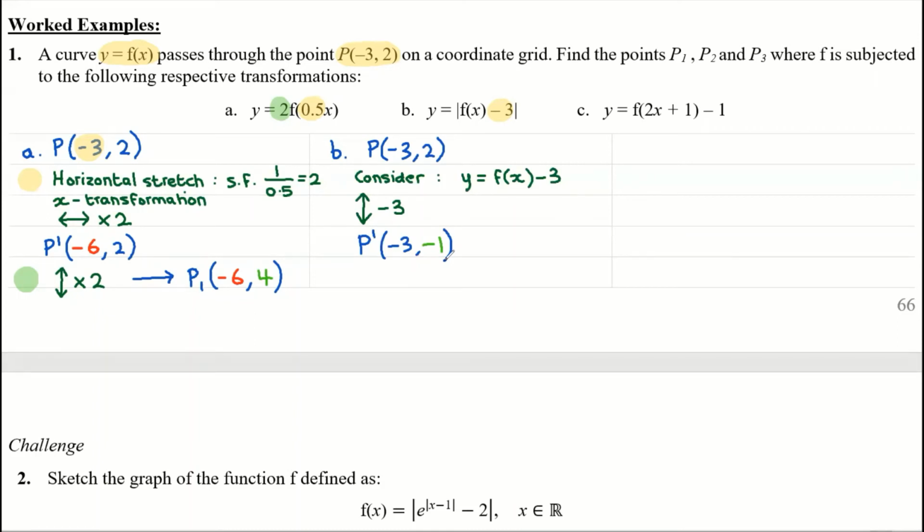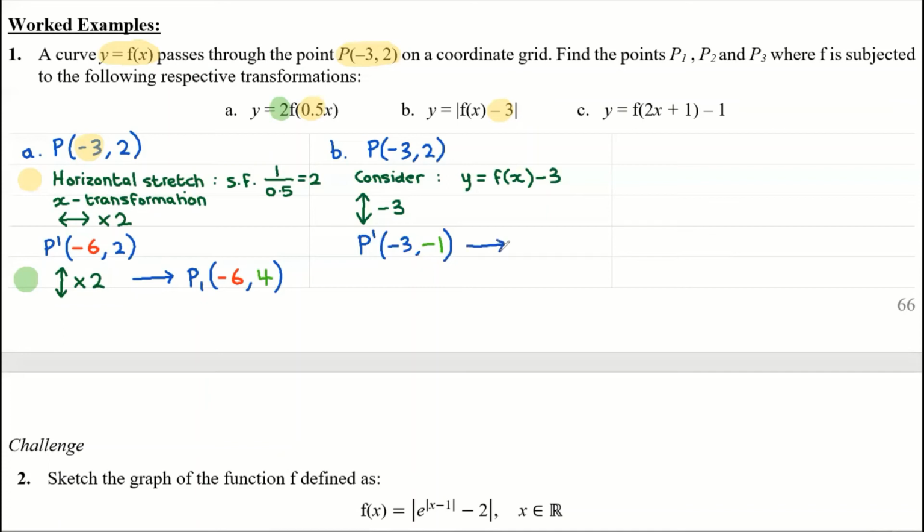Now, we apply the modulus function now, and we're not going to be sketching this. So what does the modulus do? Well, the modulus is just going to make the whole function positive. So if there's any negative values in the y direction, of course, nothing to do with the x direction, in the y direction, any negative values are going to be made positive.